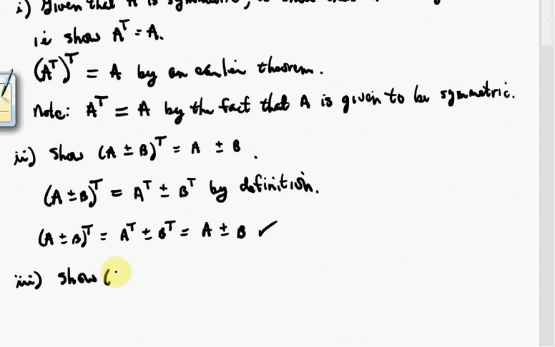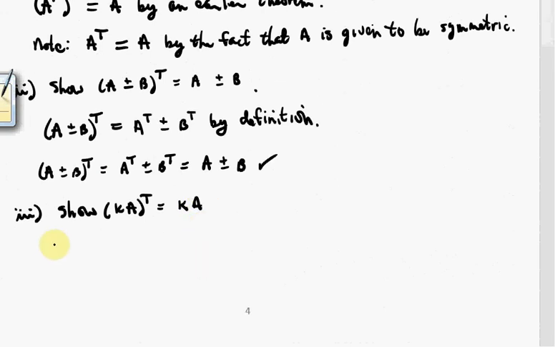Here, show that K times A, transposed, is equal to K times A. Well, this is equal to K transpose times the transpose of A. Since K is a scalar, the transpose of that is still that number.